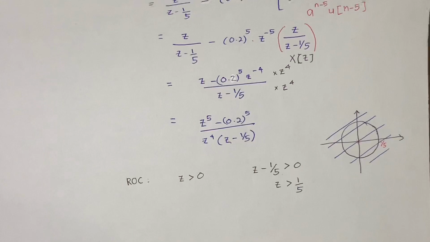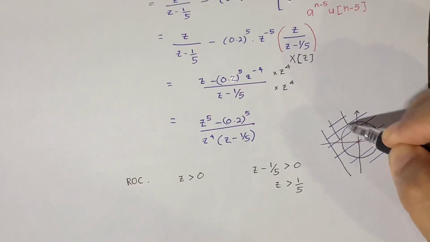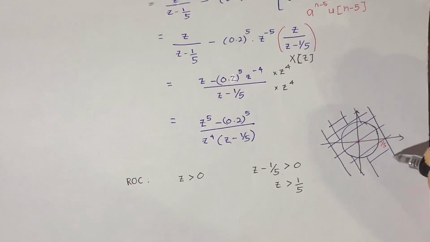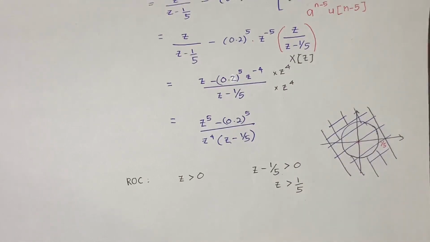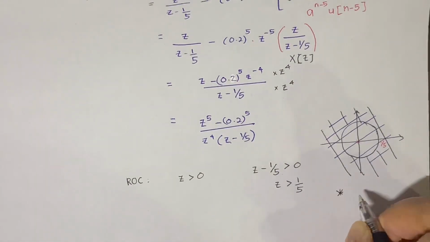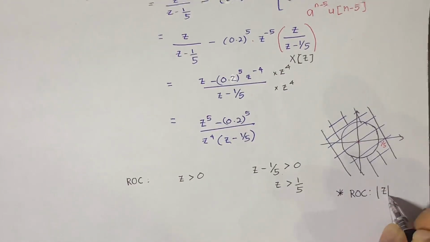The second one is Z bigger than 1 over 5, which is outside the circle. Which one is overlap? The region that overlaps is Z bigger than 1 over 5. So the actual ROC is Z bigger or equal to 1 over 5.